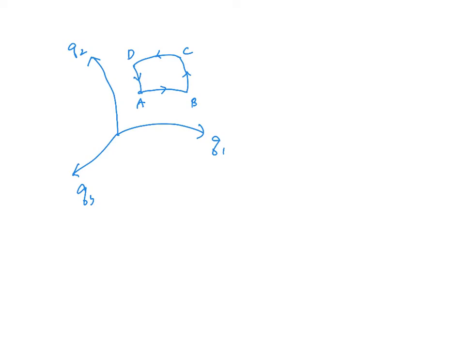So we are going to consider this closed line integral in the q1, q2 surface, starting from A, B, C, D, and A again. The center point will be defined as q1, q2, q3, and we are going to label the sides 1, 2, 3, 4.